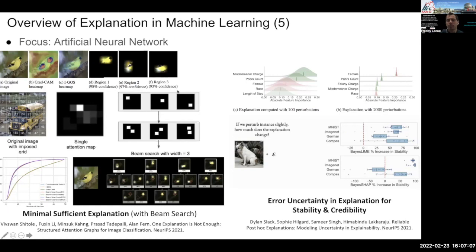Some work on uncertainty, again, some work published at NeurIPS 3 months ago, where they try to see, again, when you get explanations, there's a level of uncertainty. Usually the more inputs you get, the better. And usually you do some kind of perturbations, but the perturbations might be statistically realistic or not. So the more perturbation you do, the more realistic you are.